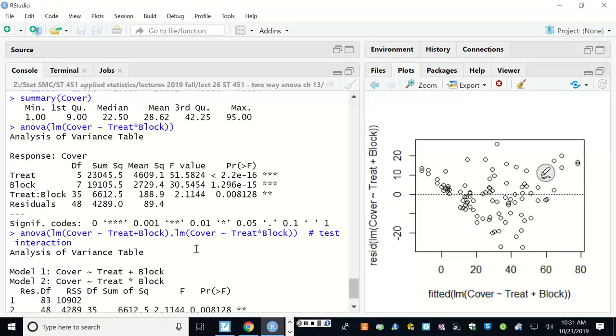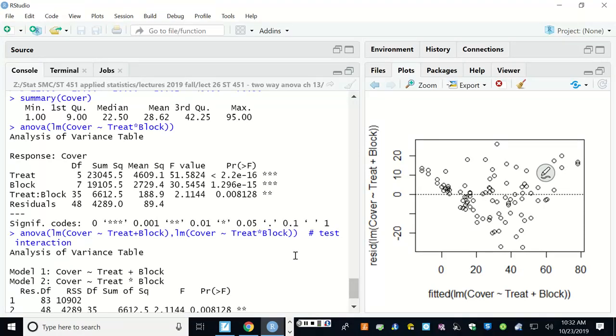If you wanted to test the just additive model versus this model, this is a test that says there's a significant interaction. But you can do that extra sum of squares F test.